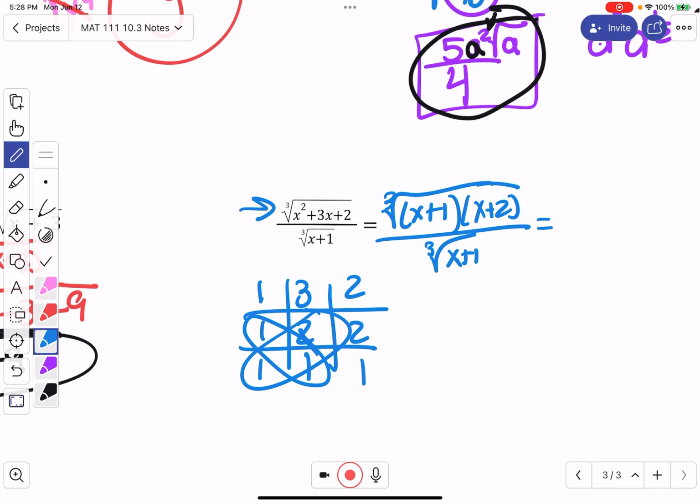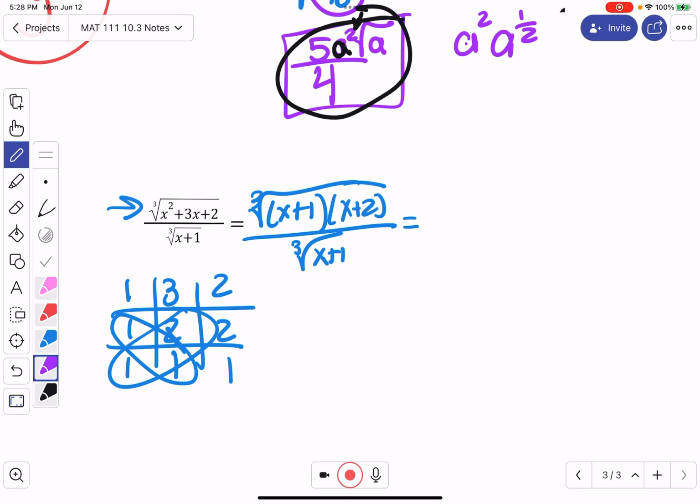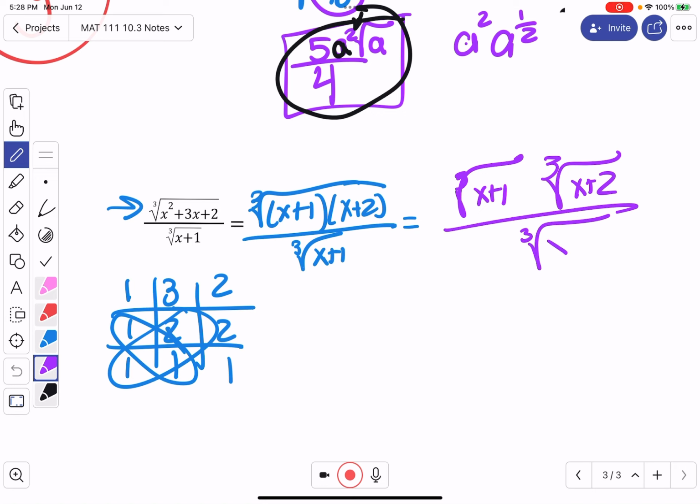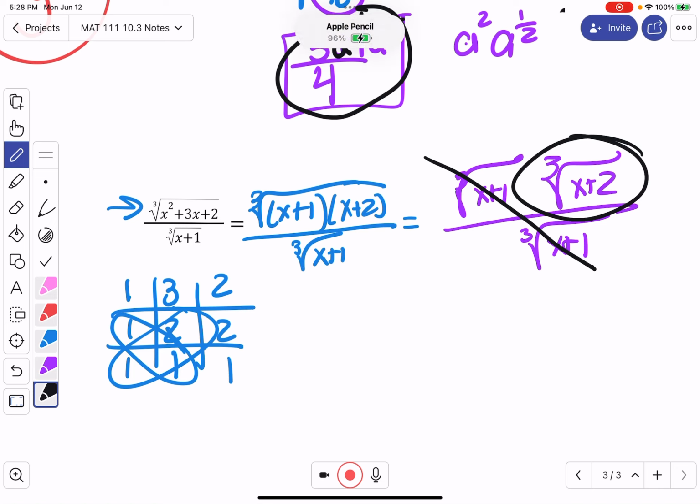We can break the top part into a multiplication problem, so we can have the x plus 1 under one root, the x plus 2 under another one. Now our x plus 1s are going to cancel, so we're just left with the cubed root of x plus 2. There's a lot of little nitty-gritty steps, but it's just following those rules and doing whatever you need to do to be able to simplify as much as you can.